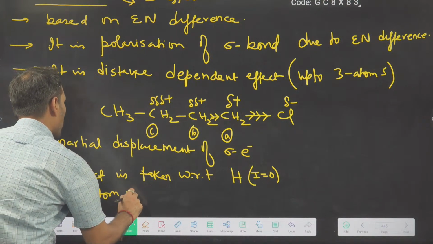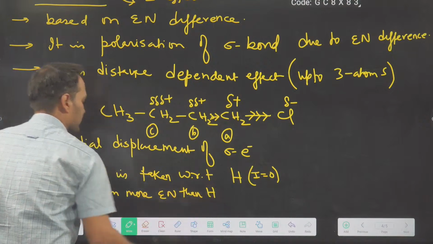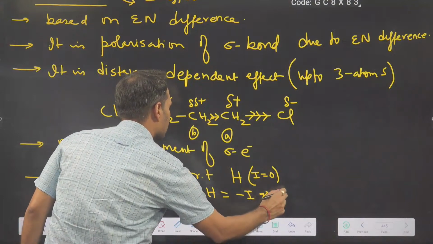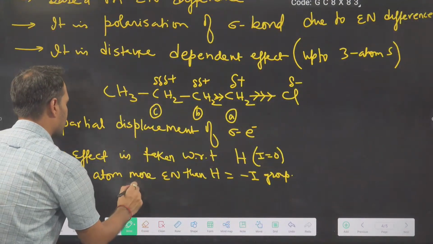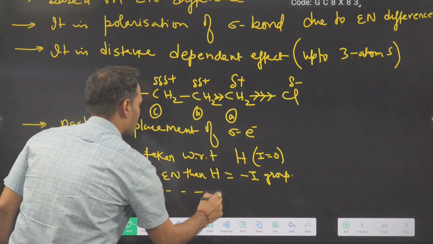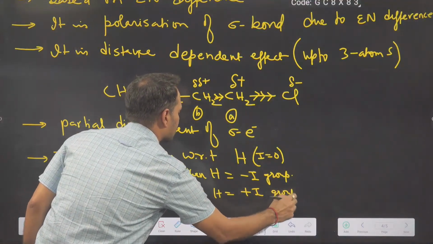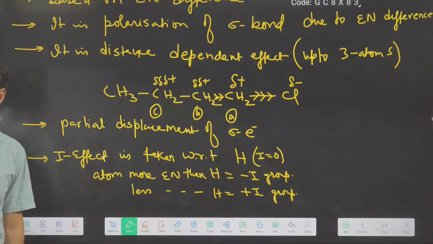An atom, if it is more electronegative than hydrogen, then it is a minus I group. And if it is less electronegative than hydrogen, then it is a plus I group. This is just for saying, we will not use this point.